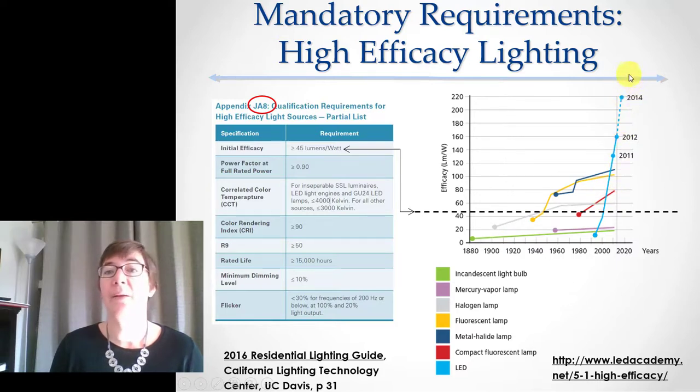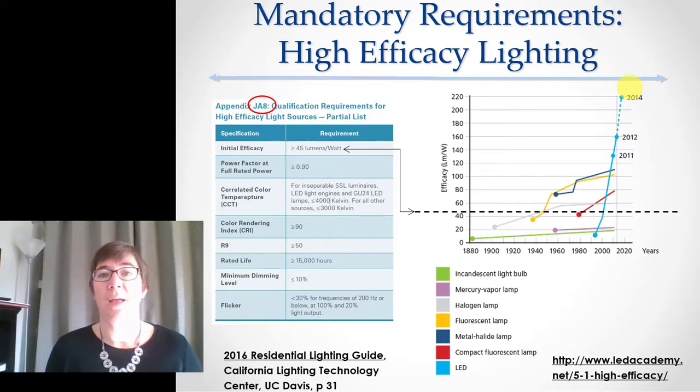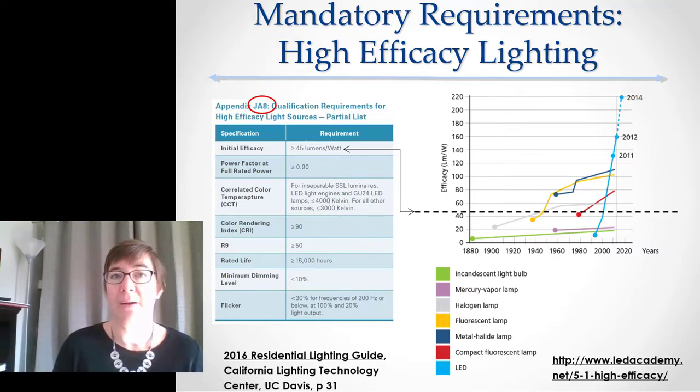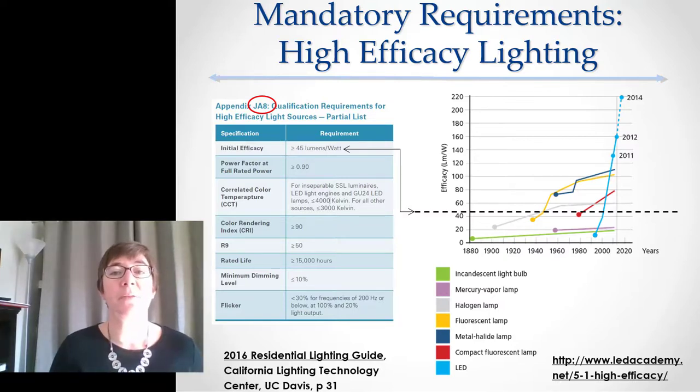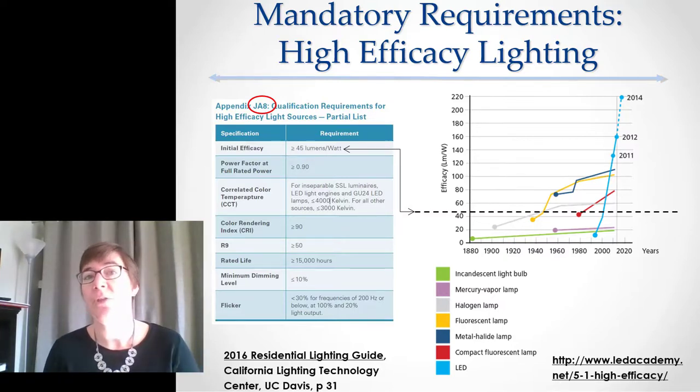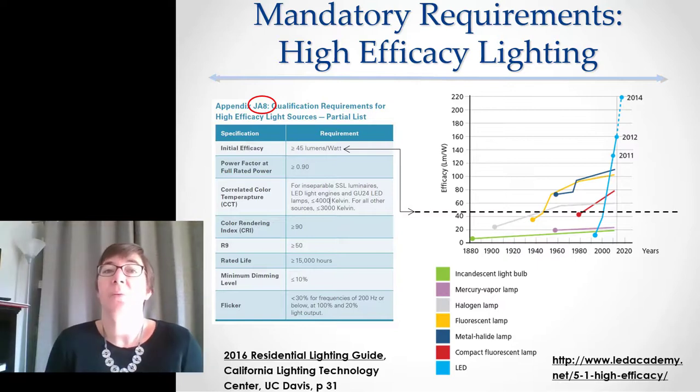And we are now in very high efficacy standards. Okay, so this chart comparing the different types gives you a visual on how those efficacies compare. We talked about in the last video, just the numbers, but this chart really shows you visually. It makes a huge difference to specify those LEDs.